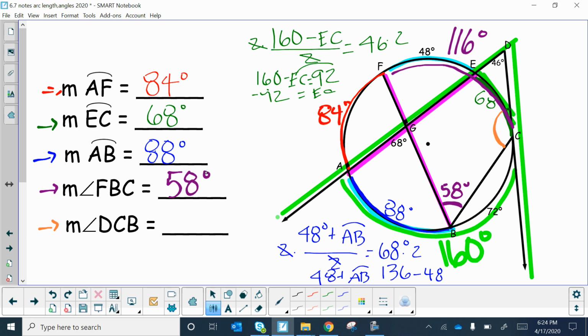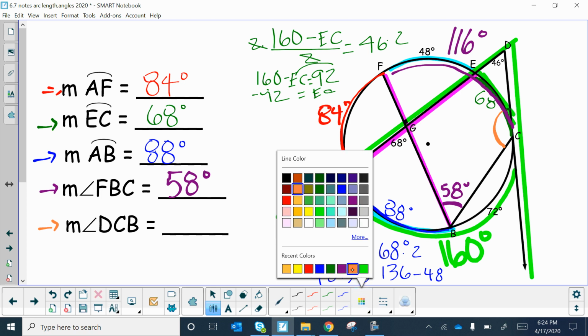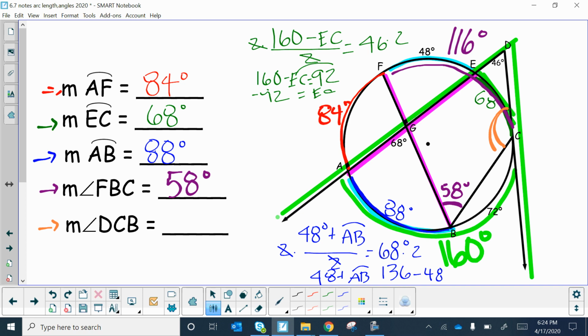All right, one more angle to go. That's the orange angle. And so that goes from there to there, which intercepts that really big arc, or you can easily find, let me get another color, this angle right here, which is related to this small arc right here of 72.